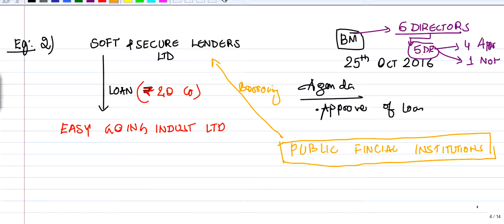Out of 6 directors, 5 were present. Out of 5, 4 approved and 1 did not approve. This is the agenda. How does it affect things under the Companies Act? Is it permissible? Section 186. This is all about Section 186. Let's move on to one more question.